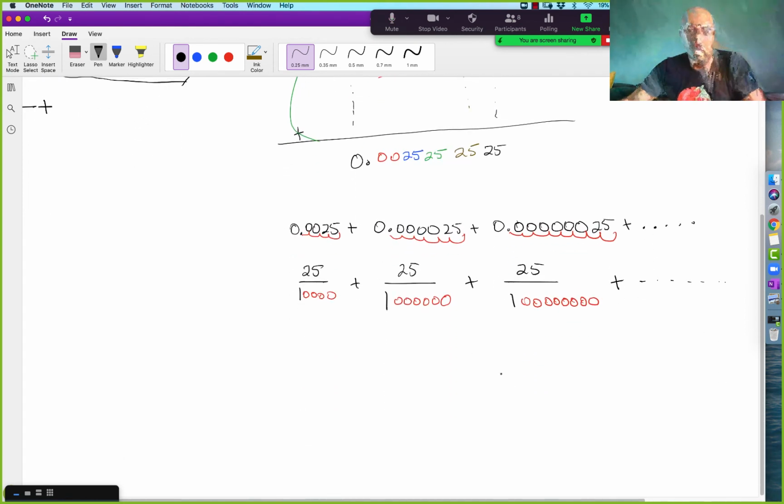All right, let's write these in exponential notation, to make things a little easier.